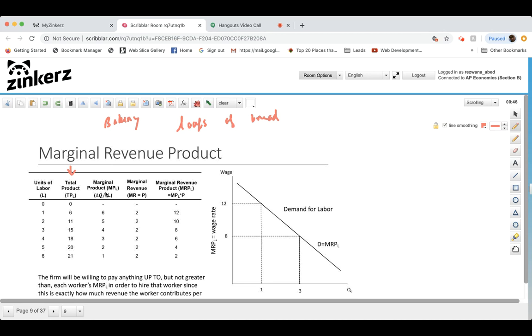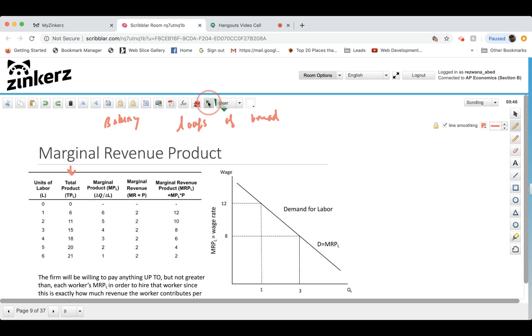The marginal product of labor is basically the change in total product, or the change in total product divided by the change in labor. We use quantity and total product synonymously, they mean the same thing. How much does my output change when I hire an additional worker?